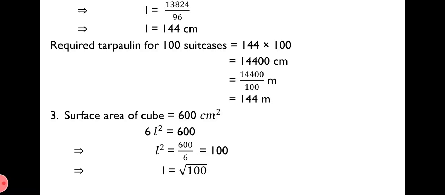Now 100 is the square of 10, so we will get L equal to 10 centimeter. Therefore side of cube is 10 meter. It should come centimeter, by mistake it is written meter because it is asked in centimeter only. So the length of side of cube is 10 centimeter.